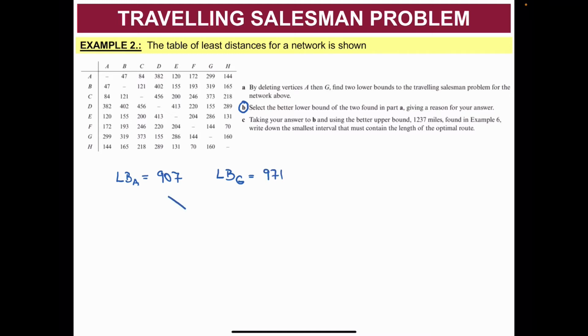And we said the higher the lower bound, the better for us, because it narrows the interval of the optimal solution. So the lower bound is 971 because it's the higher value.